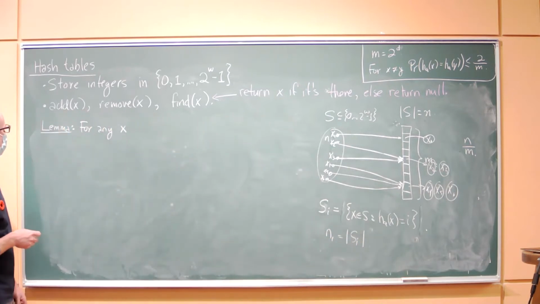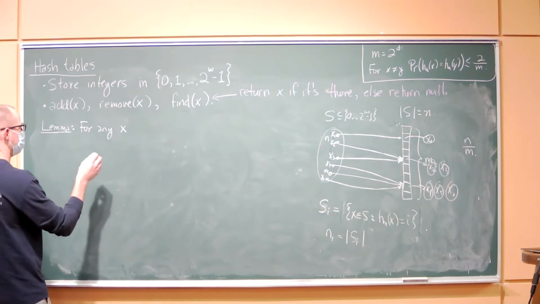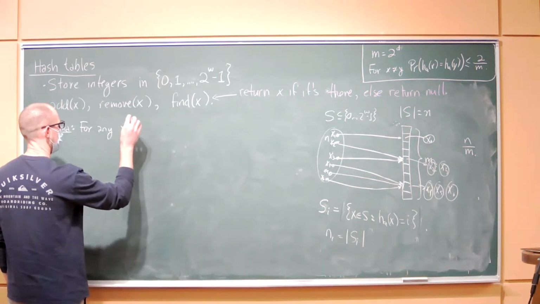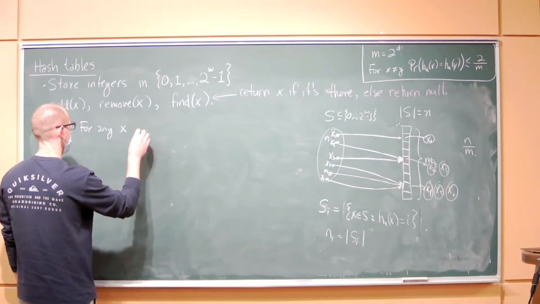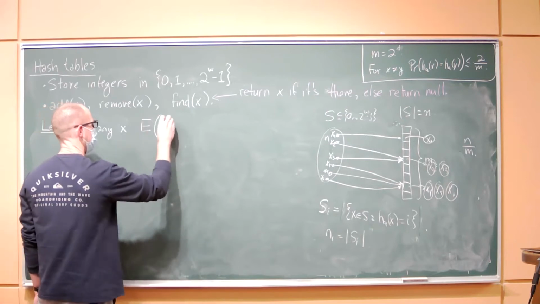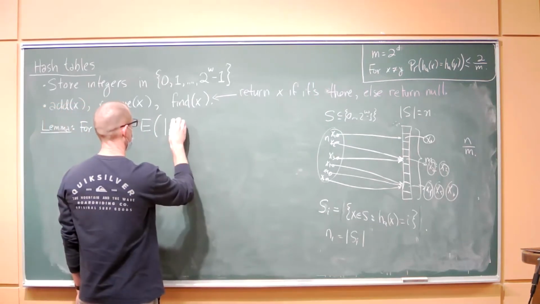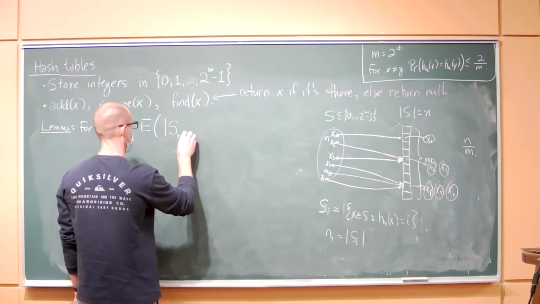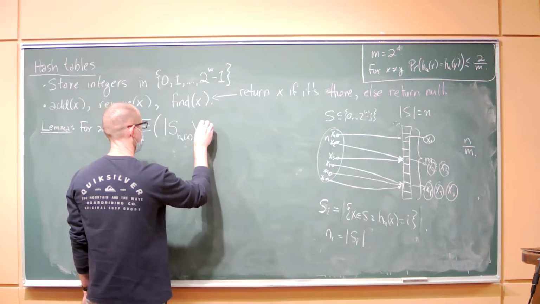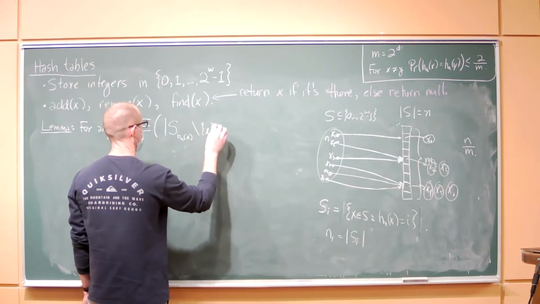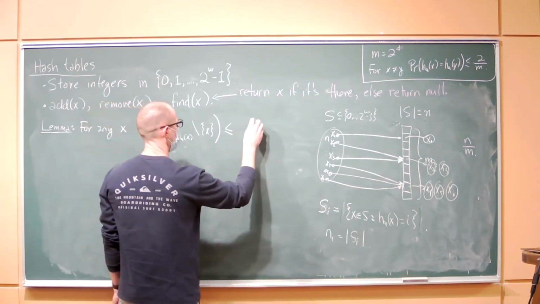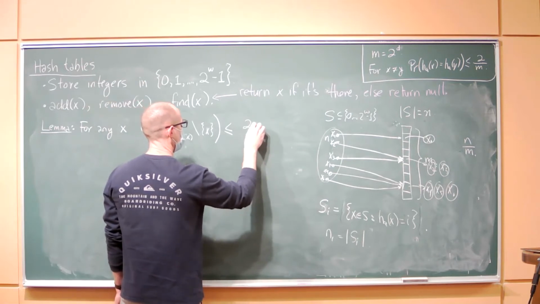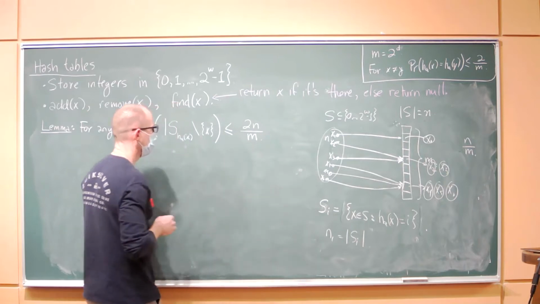So for any x, whether it's in S or not, the expected size of S_h(x), not counting x if it's in there, is less than or equal to 2n over m.